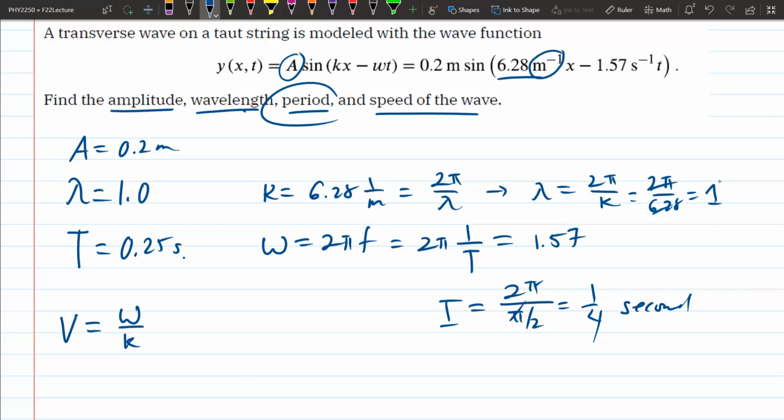That would work exactly. You already know what those are. I'm gonna do this, and then I'm gonna do the lambda times f version also. So omega is just 1.57, and k is 6.28. So this turns out to be 1/4, and this will have units of meters per second.